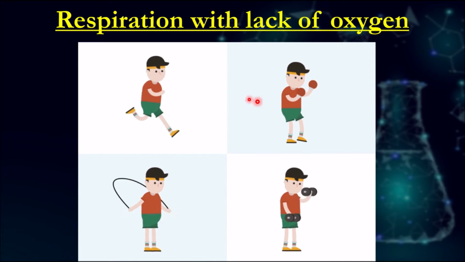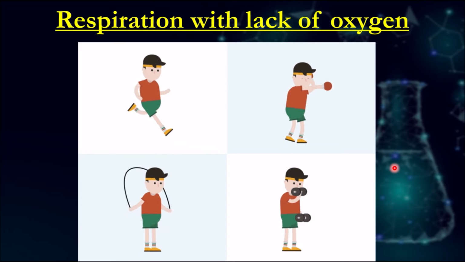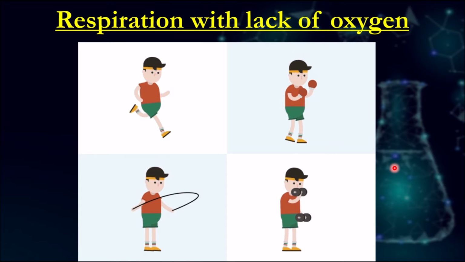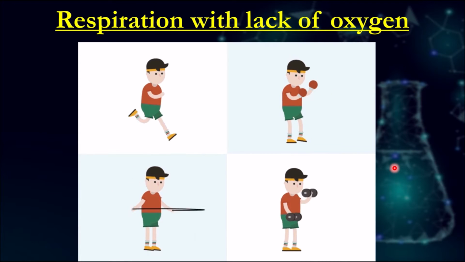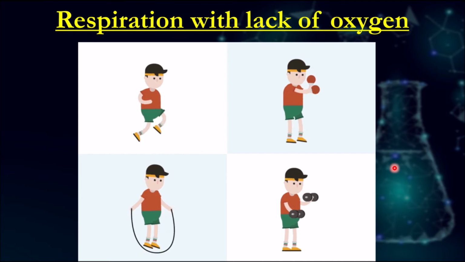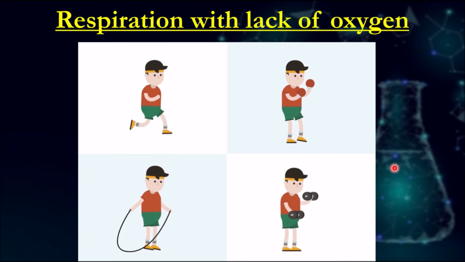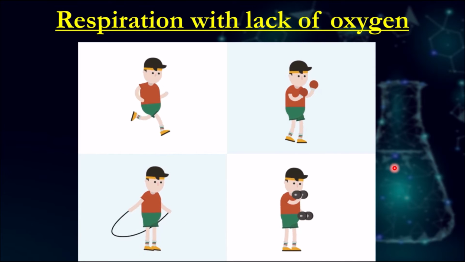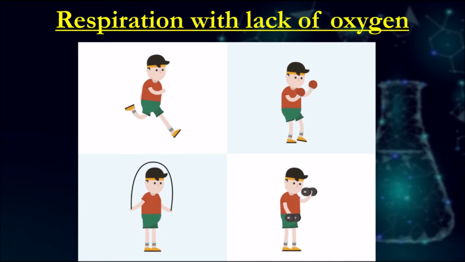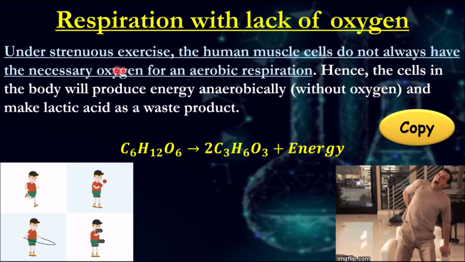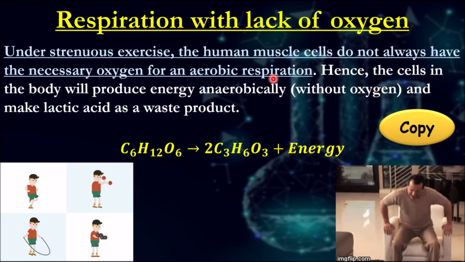Alright, so let's look at other forms of respiration. The most common one that we can look at is through exercise. When you exercise, you tend to breathe a lot harder because your oxygen supply needs to be increased. What actually happens when you're undergoing strenuous exercise is your cells don't always have the necessary amount of oxygen for aerobic respiration.